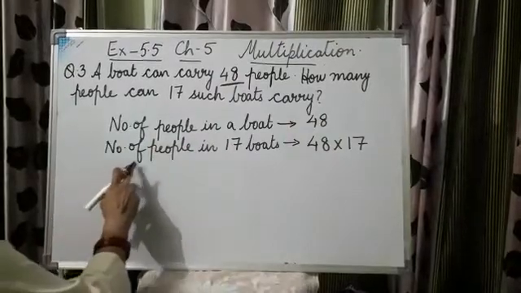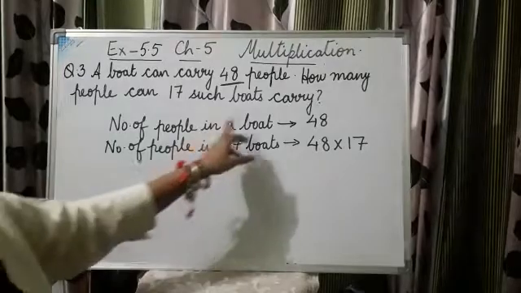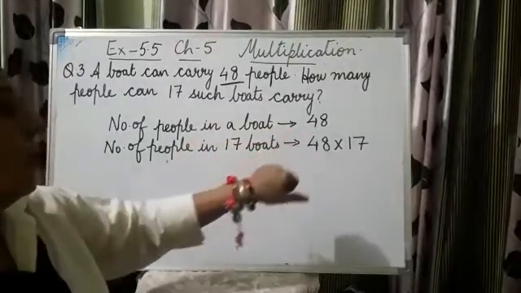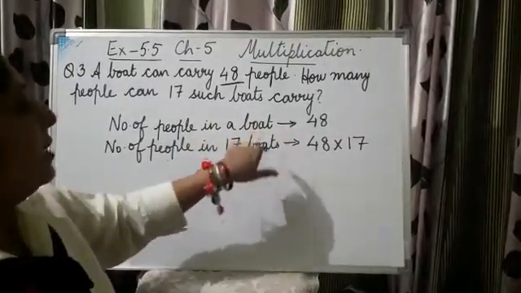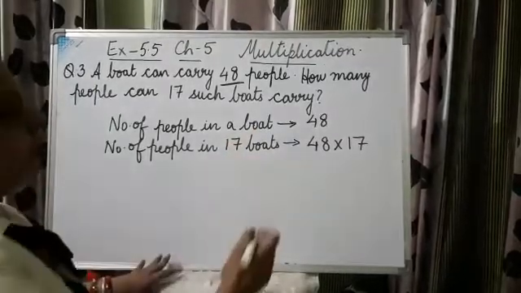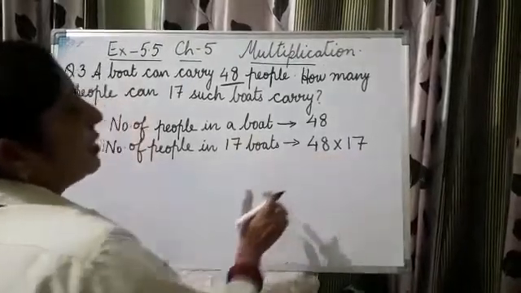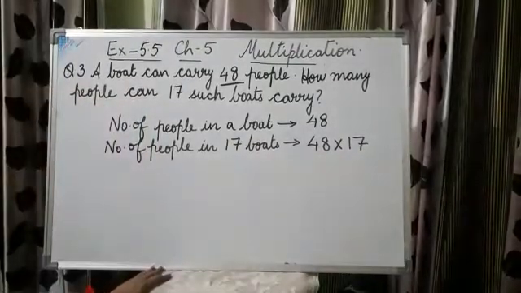Second statement is number of people in 17 boats. If one boat can carry 48 people, 17 such boats, how many people will be carried? For this, we are going to multiply both the numbers, that is 48 and 17.